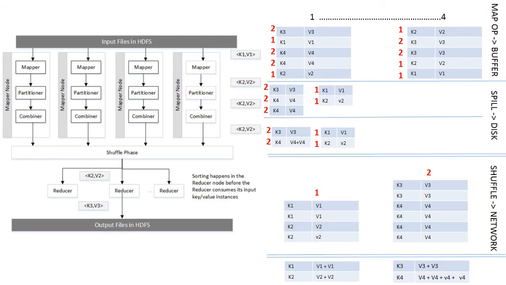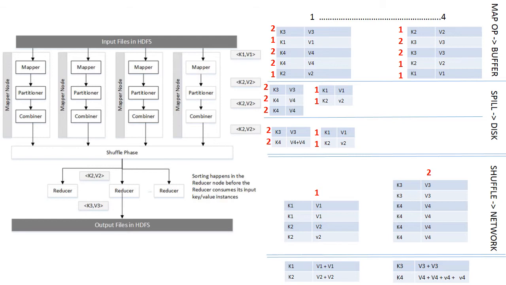On the right hand side, I've shown schematically the outputs of mapper functions. Here there are 4 mapper nodes, and I have listed 4 mapper functions. Each mapper function has emitted key value pairs shown here. And remember that this is all happening in the memory buffer.